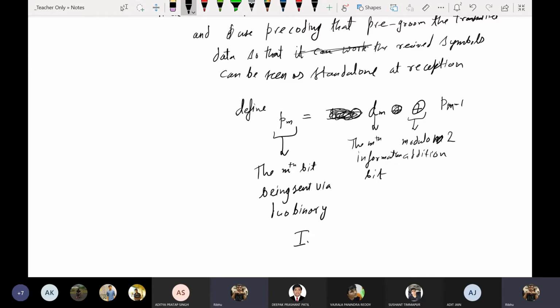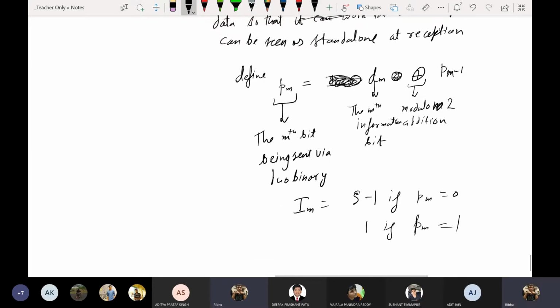And IM equals -1 if PM equals 0, 1 if PM equals 1.